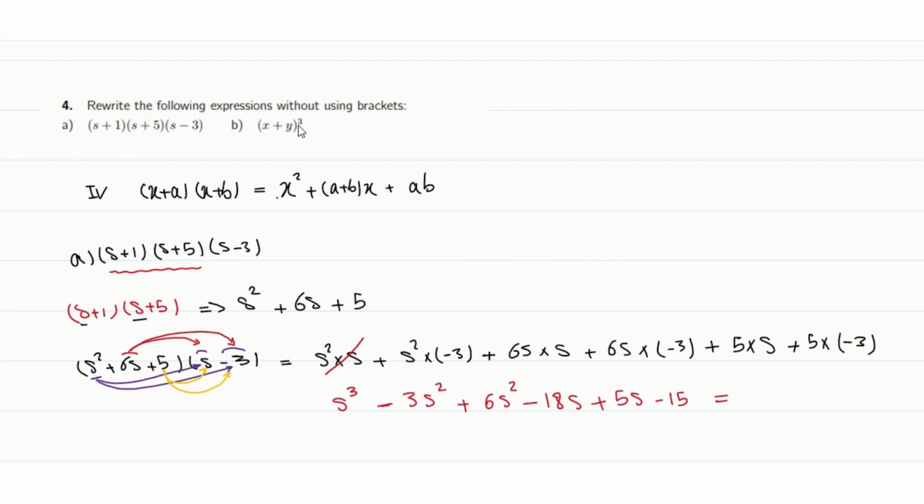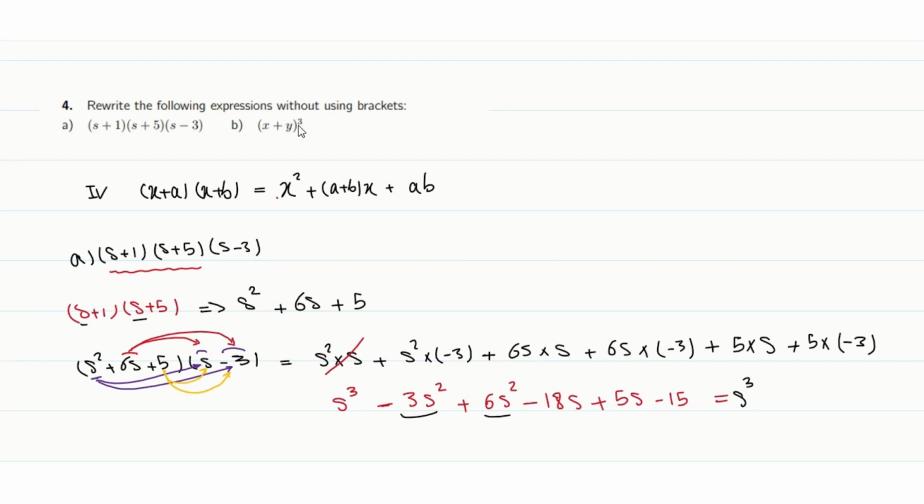So we're going to simplify it more. We're going to combine the s squared terms together. We're going to combine the s terms in here, and we're going to leave -15 and s cubed as they are, because they can't be simplified more. So we're going to rewrite s cubed in here.